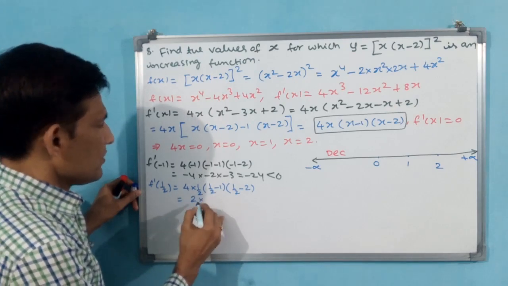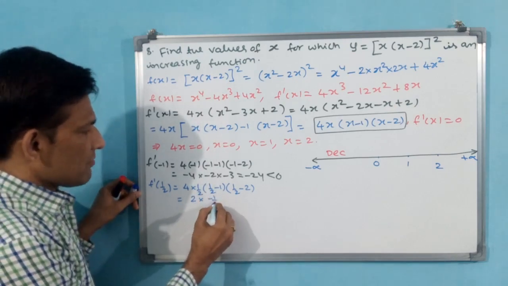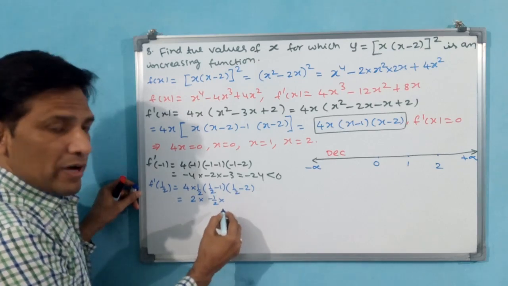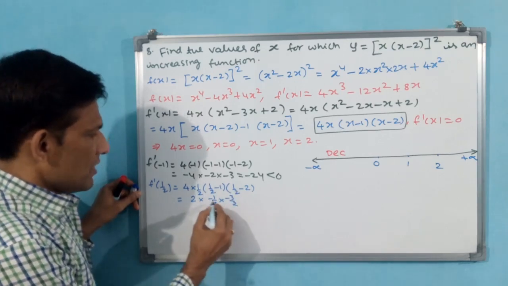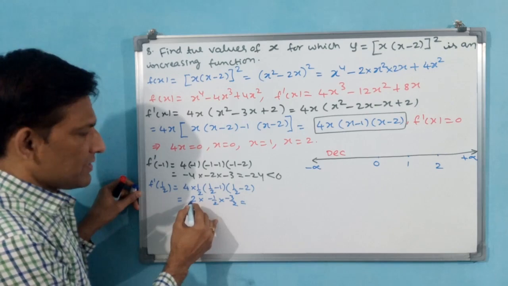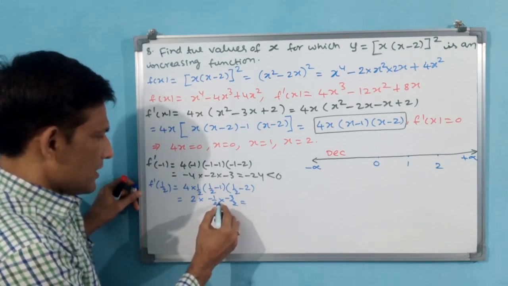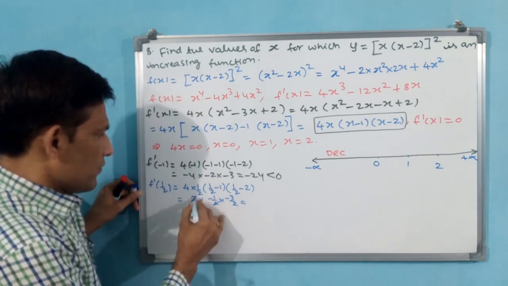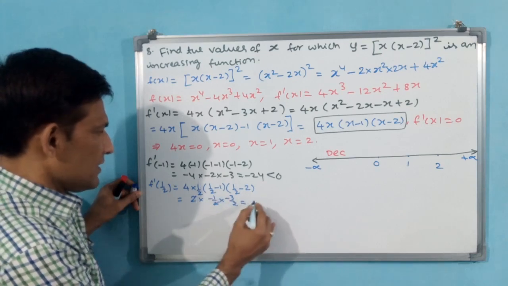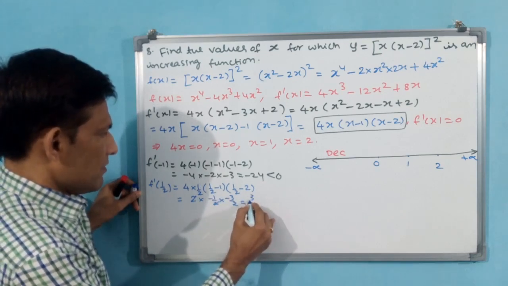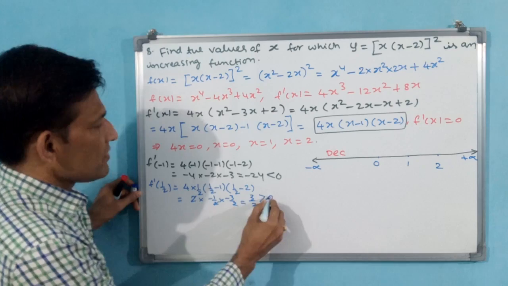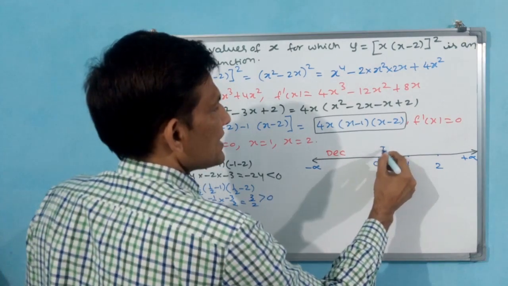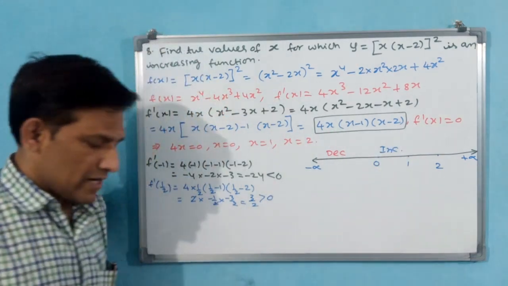That is minus 1 by 2 into minus 3 by 2. Minus minus cancel, plus is there. Total is greater than 0. That means 0 to 1 is increasing.